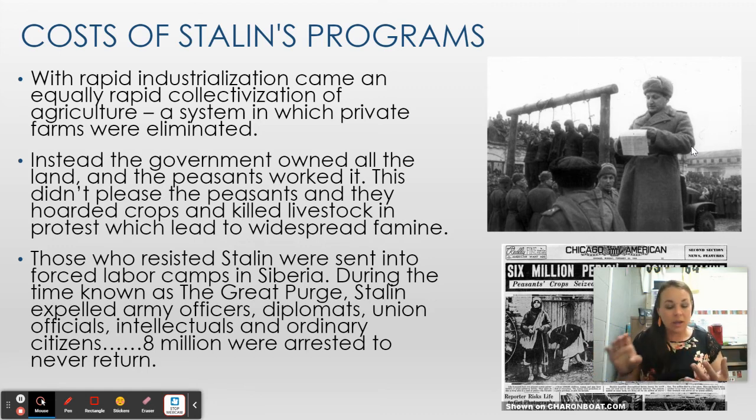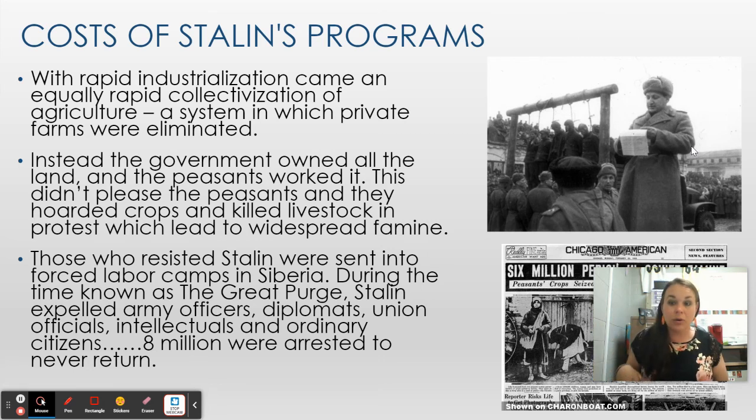You get in his way, you are deemed a threat, and the dude was paranoid, so anybody around him was a threat. No one was safe. Even if you thought you were friends with Stalin, think again. No one was safe. I mean, again, this is a legitimate picture of people about to be hanged in the Soviet Union just because they disagreed or didn't quite do what he wanted them to do during the 5-year plan.